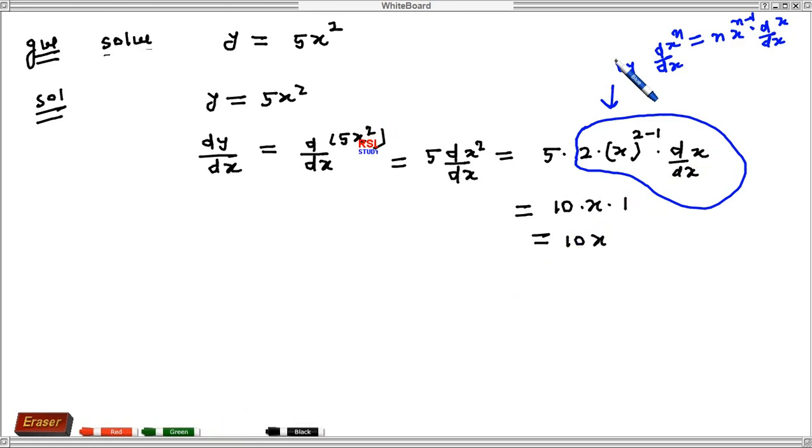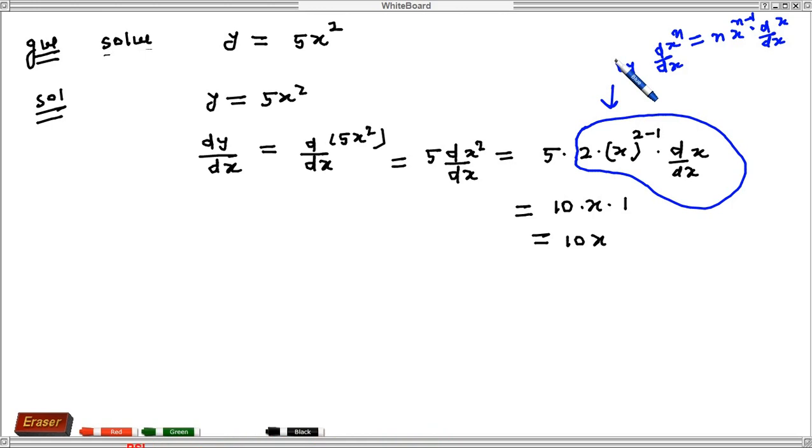But as far as here is concerned, here is x, so everywhere it will be x, and d/dx of x will always be 1. If you find d/dt of t, that is differentiating t with respect to t, that will be 1. Differentiating x with respect to x will be 1. Differentiating u with respect to u, that is d/du of u, will be 1.